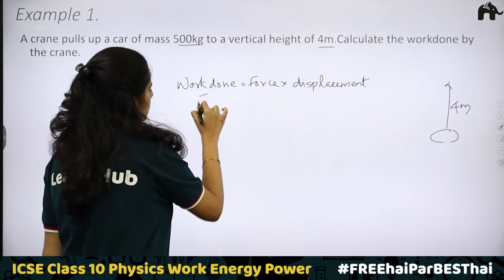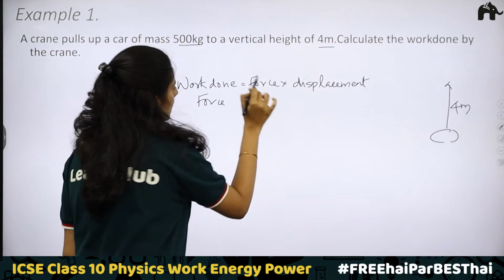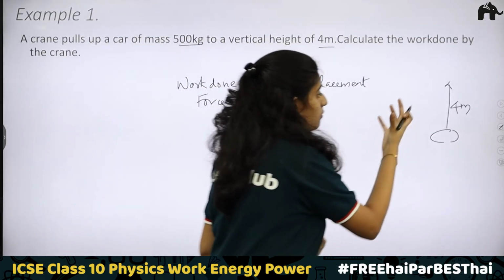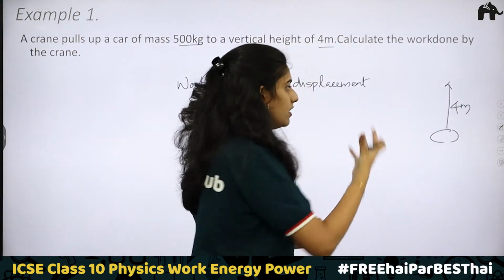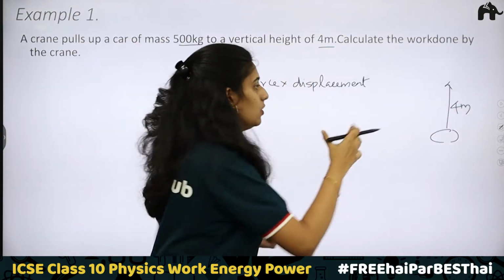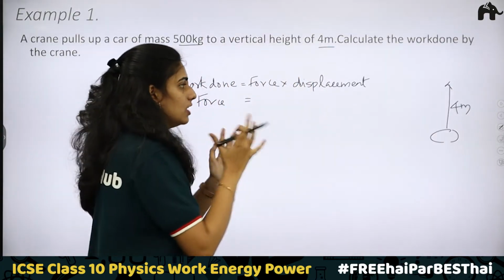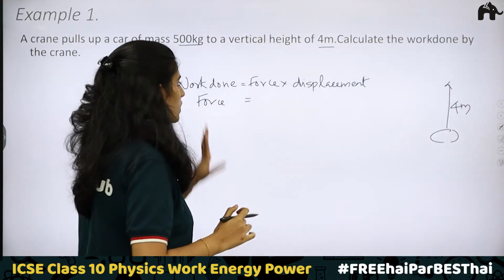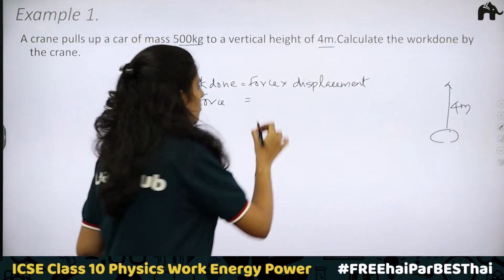Now, what is the force? Here, the force will be acting downwards because due to the force of gravity, earth pulls every body towards its center. Due to the force of gravity, the weight of the body, that is the weight of the car, is the force in this case. Force will be equal to weight. What is weight?